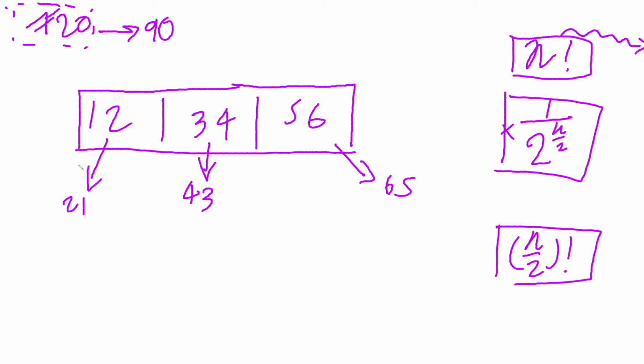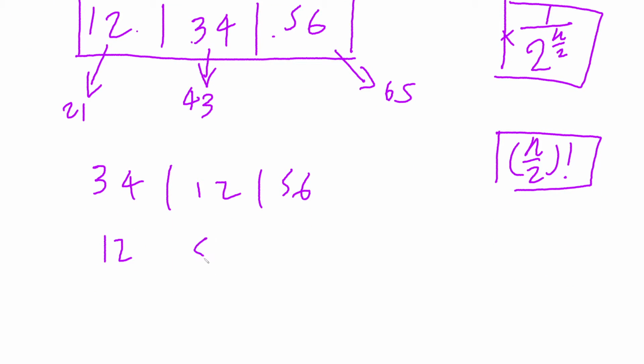In addition to this effect, you also need to consider the fact that the pairs themselves can be ordered in different ways. So, if you have this 1, 2, 3, 4, 5, 6, it's essentially the same as 3, 4, 1, 2, 5, 6, or 1, 2, 5, 6, 3, 4, 5, 6, 1, 2, 3, 4, and so on and so forth.